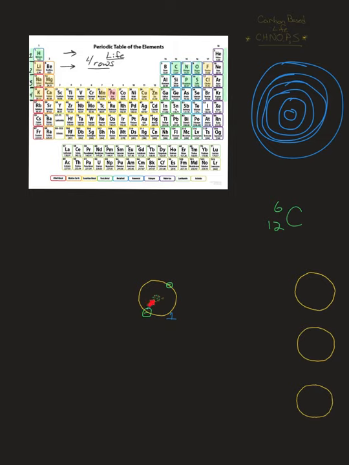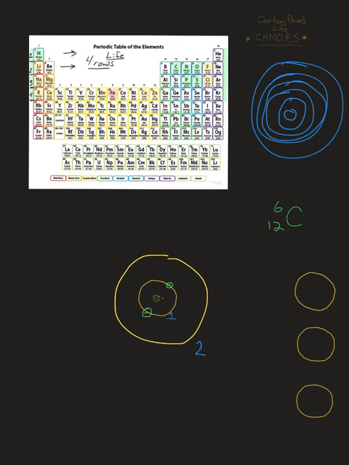So if there's 6 positive charges, how many electrons would you expect to see in carbon? Well, I hope you said 6. So there's 2 here, and so you'd expect to see 4 more. Well, the next shell is called the second shell.